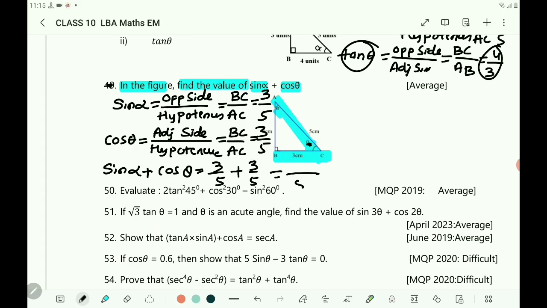Both have denominator 5, so 5 is the LCM. You write 5 only, then add the numerators, 3 plus 3. So you get 6 by 5. Sin alpha plus cos theta is equal to 6 by 5.